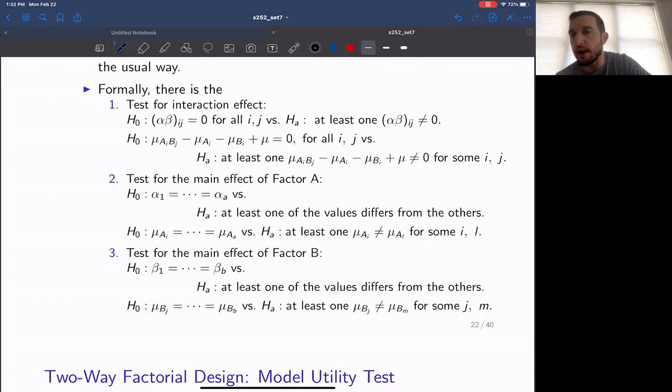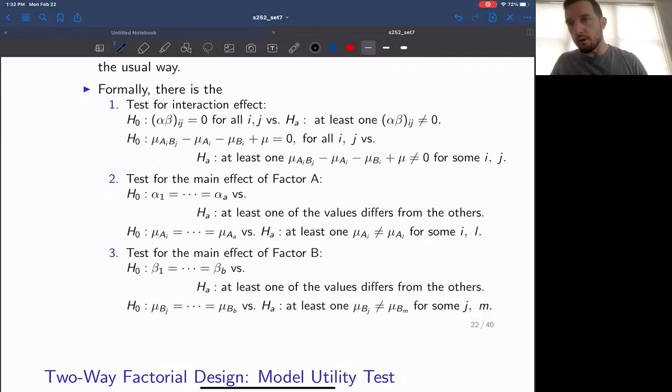In the case of the interaction, the null hypothesis says that the effect of the interaction on the mean is consistent across all treatment combinations. So basically, we're just saying that the mean at every treatment combination is the same versus the alternative that a difference exists between some set of treatment combinations.